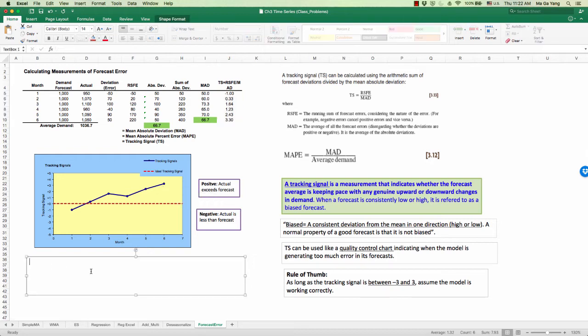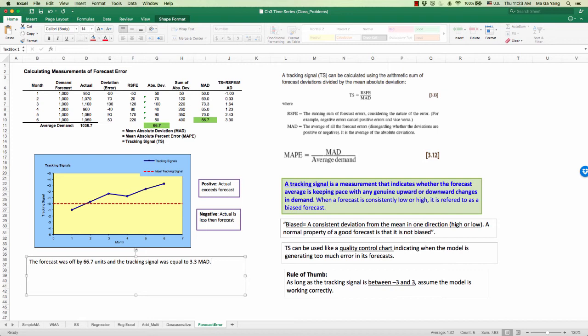Let's analyze this tracking signal. The forecast here was off by how many units? 66.7 units based on mean absolute deviation. And the tracking signal was equal to 3.3 mean absolute deviations, right?